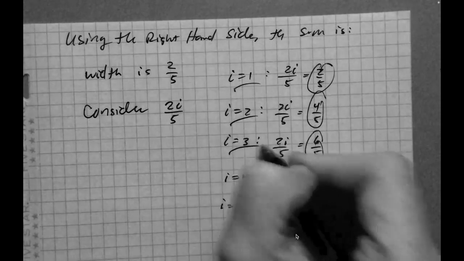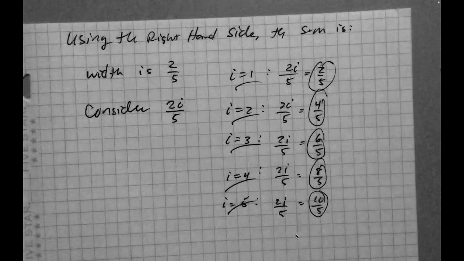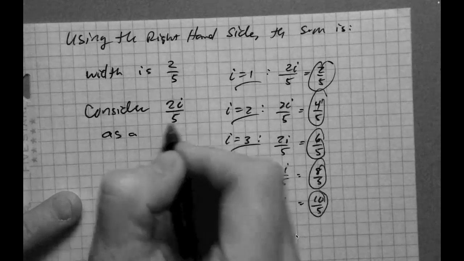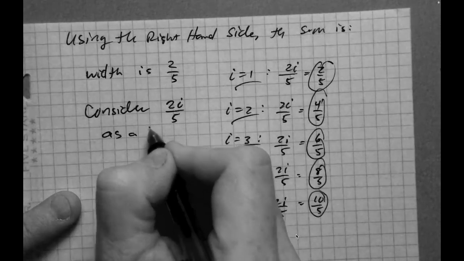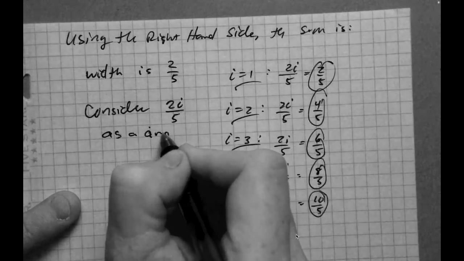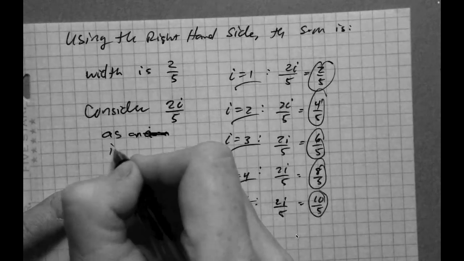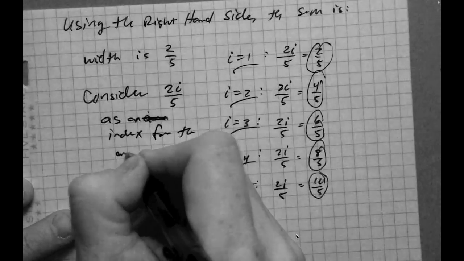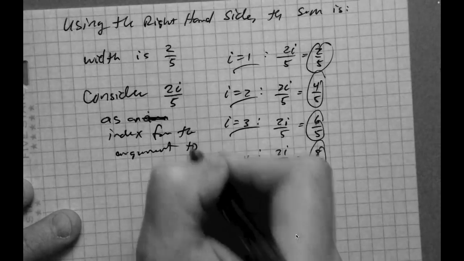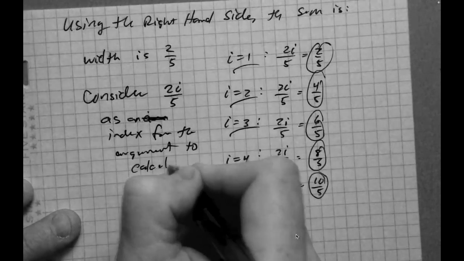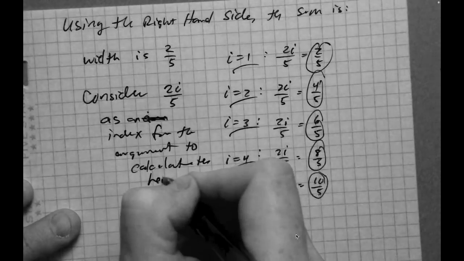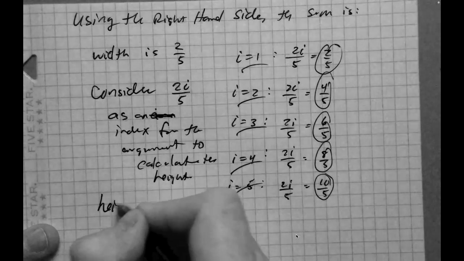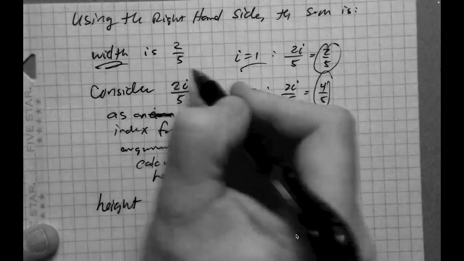This is the indexing scheme that is convenient. So consider 2i over 5 as an index for the argument to calculate the height. The width is always the same, always 2/5.